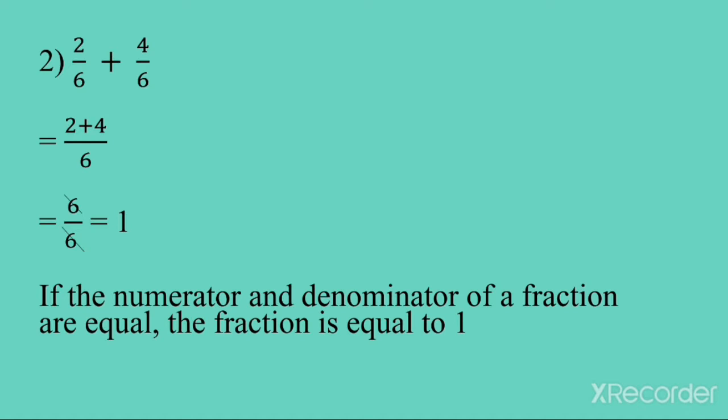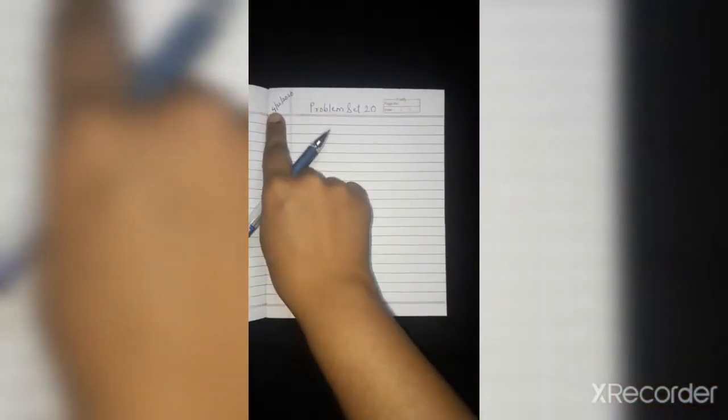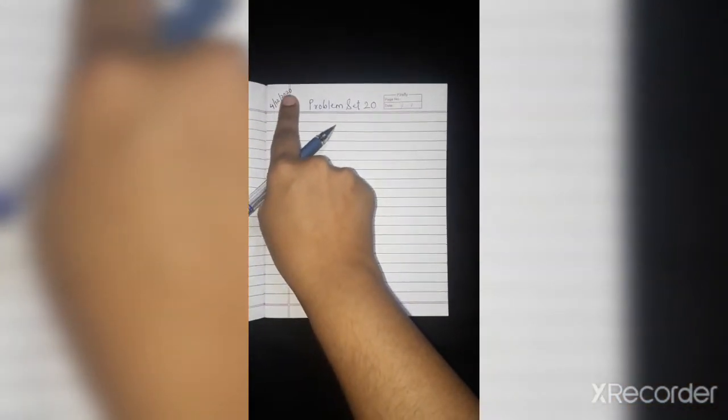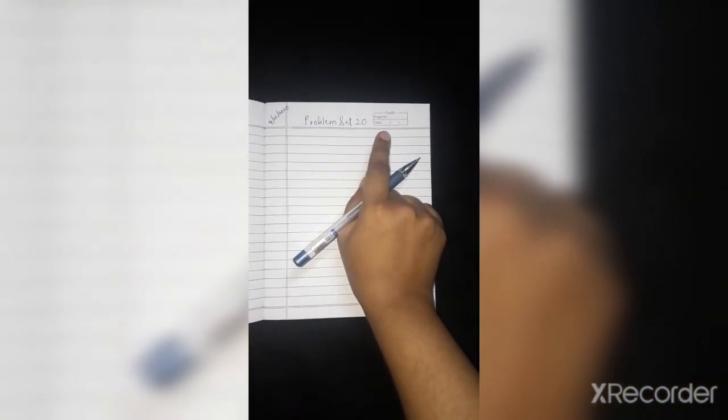Now moving ahead, we will be solving our problem set. Take a new page and write today's date and write problem set. Okay students, let's begin with our writing work. First of all, take a new page and write today's date, 4th December 2020, and write on the margin problem set 21.